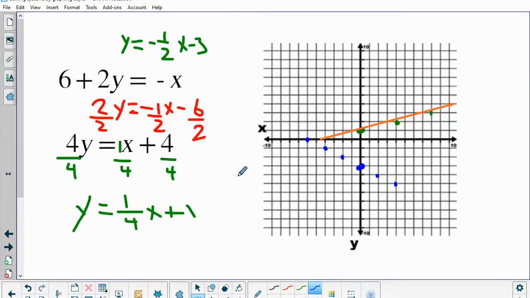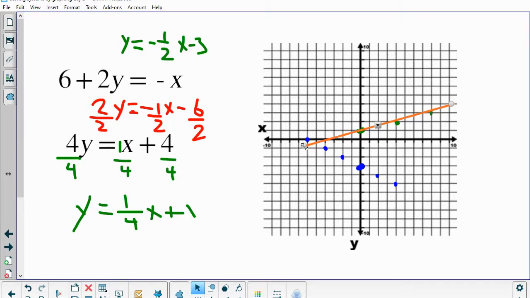And so the question is, where does this cross? It looks to me like this one has gotten a little bit crooked, so let's get this line back where it belongs. Where are these two going to intersect? It's kind of hard to tell, isn't it?